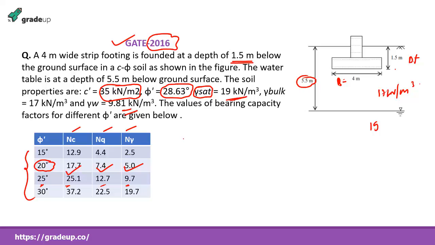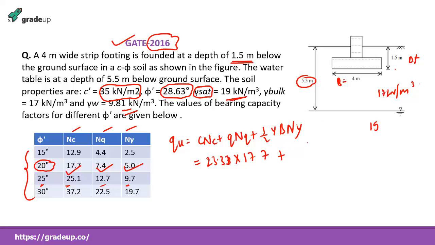So let's proceed. Now we know that QU is equal to C NC plus Q NQ plus half gamma B N gamma. Now C value we have got as 23.33. So 23.33 into NC value we have obtained 17.7, plus Q is gamma into DF.